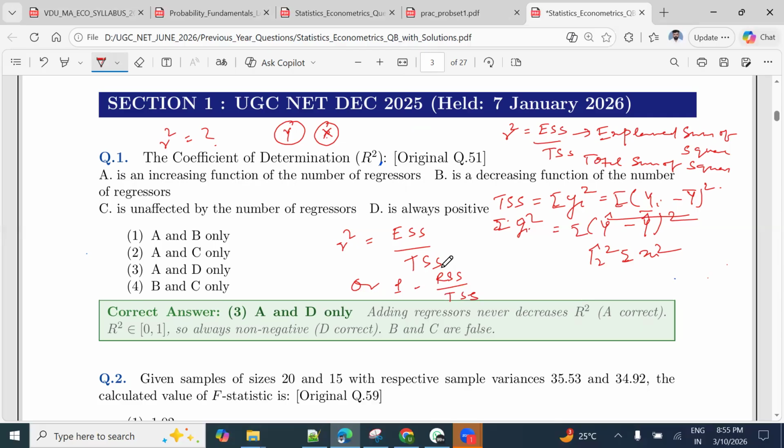R square measures the proportion or percentage of the total variation in Y which is explained by the regression model.